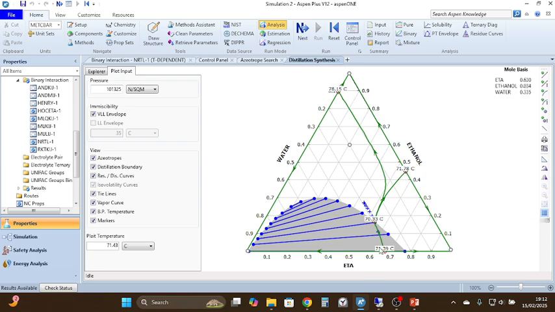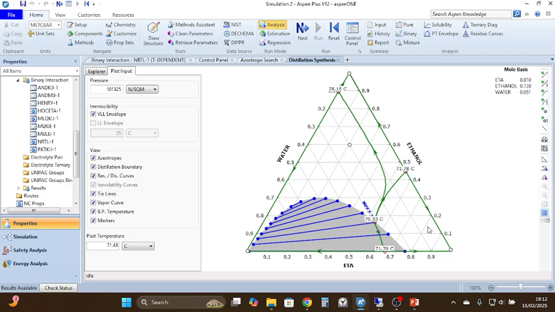These distillation residue curves actually divide the entire ternary diagram into different phases, or sorry, not different phases, different boundaries. The distillation curves over here have separated this ternary diagram into three boundaries. This one is one boundary, this one is the other boundary, this one is the other boundary.